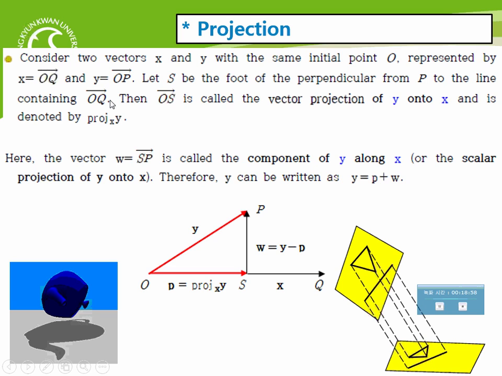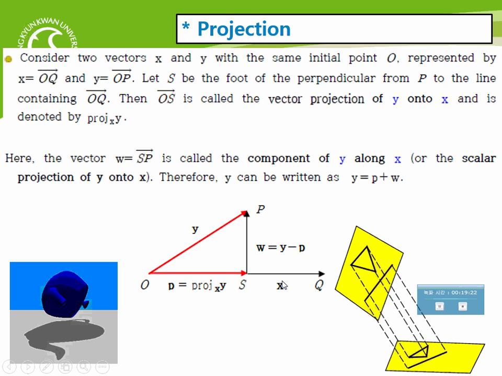What this means is this. If you have vectors x and y like this, you are looking for the projection of y onto x. If you drop a perpendicular right here, then that's the image, that's the projection.